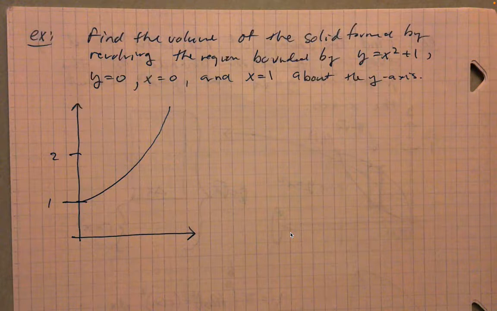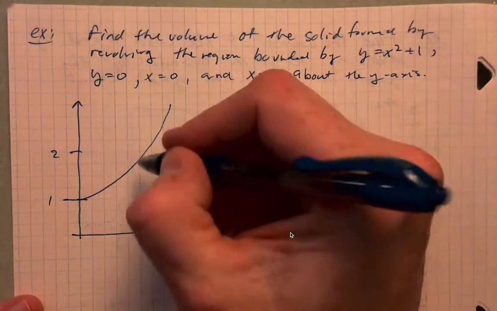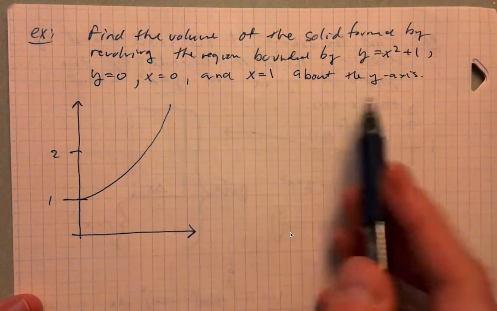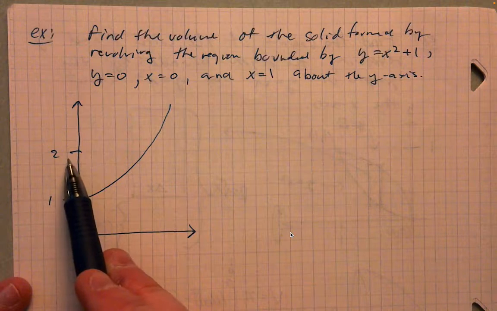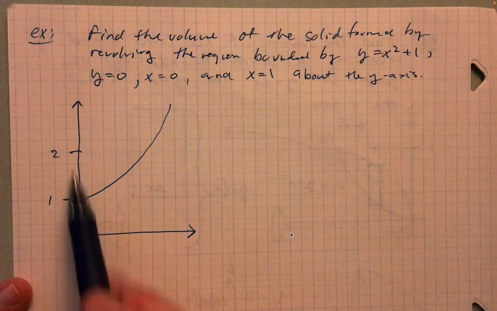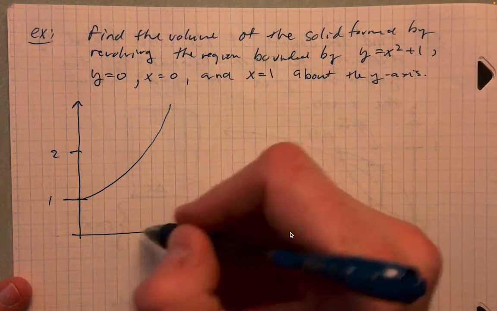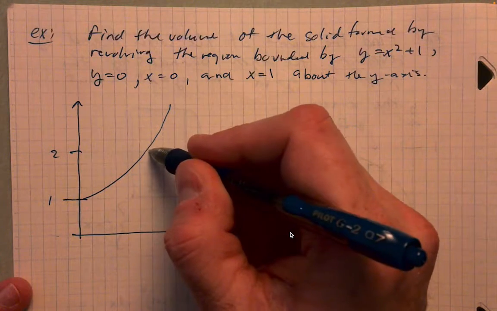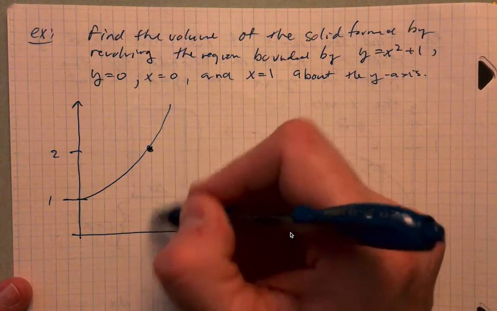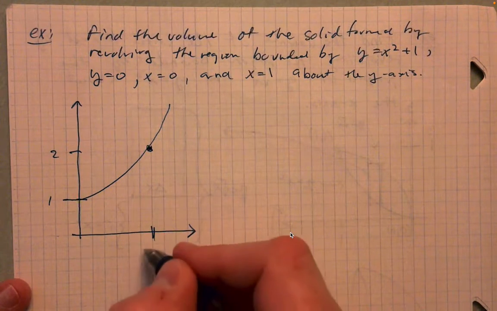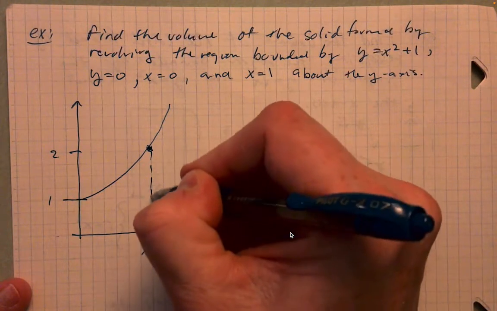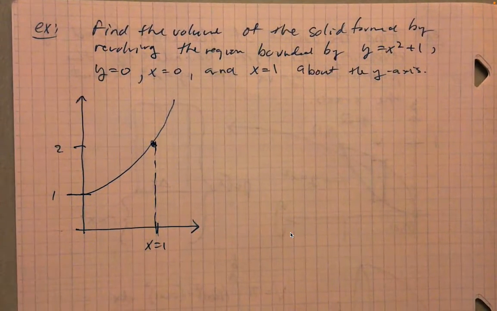And we're interested in y equals 0, so that's the x-axis. x equals 0, that's the y-axis, and x equals 1. And we know that this is going to be equal to 2 at x equals 1. So this is a reasonable picture of what this would look like.